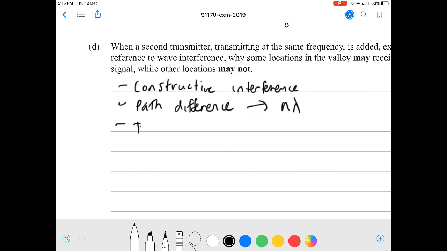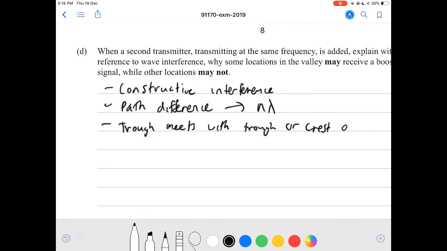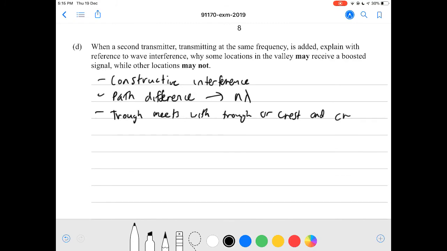In this case, you can say trough is meeting with a trough, or crest and crest. And you can also say that the waves are in phase.